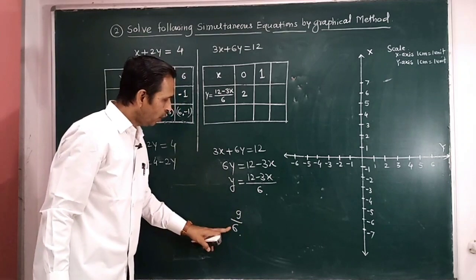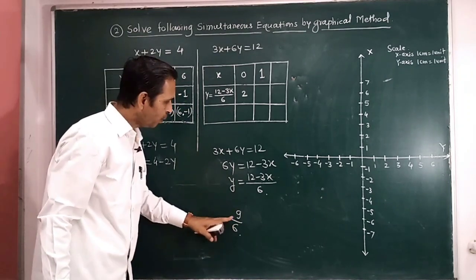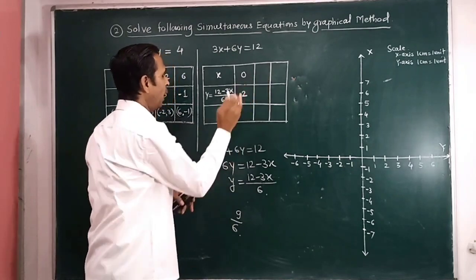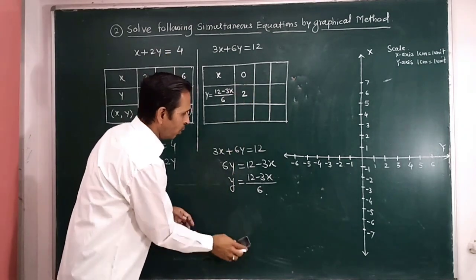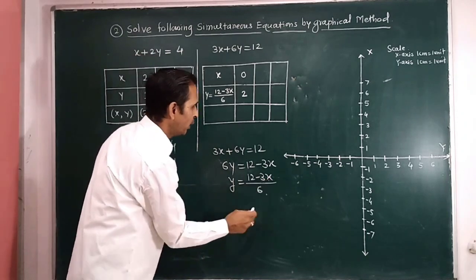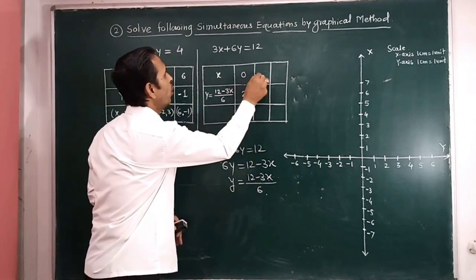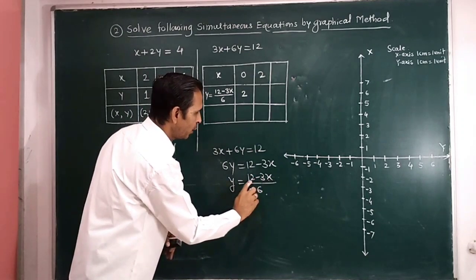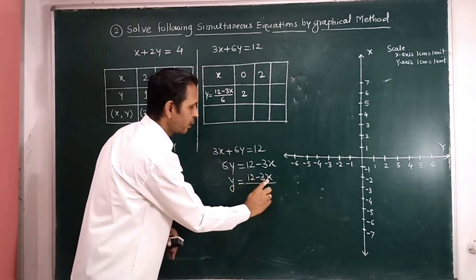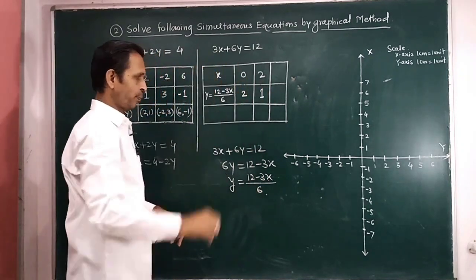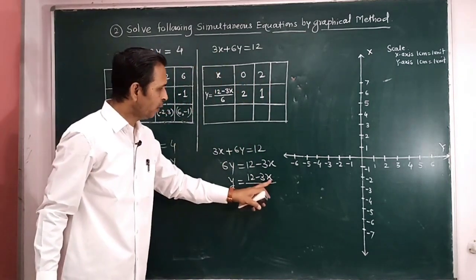This is a fractional number, 9 divided by 6, so again we take another value of x. Suppose we take x = 2. Then 3 into 2 is 6, 12 minus 6 is 6, and 6 upon 6 is 1.